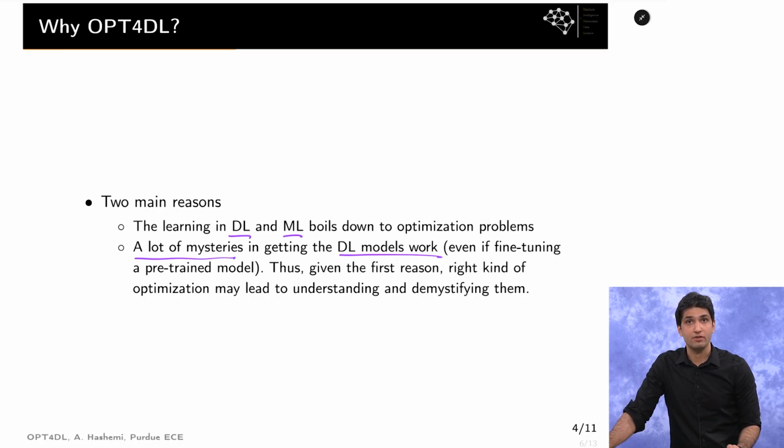So there are a lot of mysteries and challenges involved in this process. Now, given that training the model or fine-tuning the model involves solving optimization problems, the right kind of optimization may lead to developing an understanding of these mysteries and hopefully helping in demystifying them.